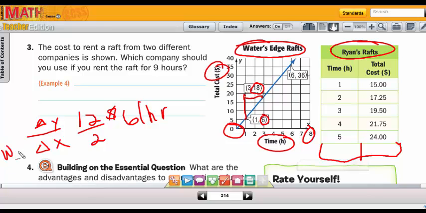So let's put this out here. This is Water's Edge. Over here, we can look at this and see that every hour we're adding $2.25. Write it over here, $2.25, so that fits. Each of these cells is 2.25 different. And of course it's a rise of that.